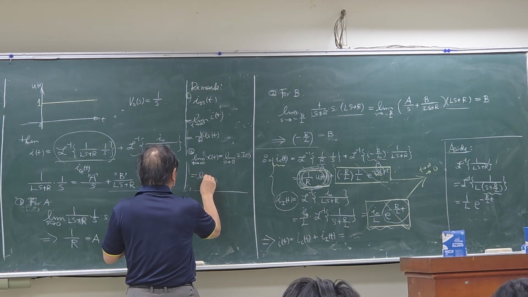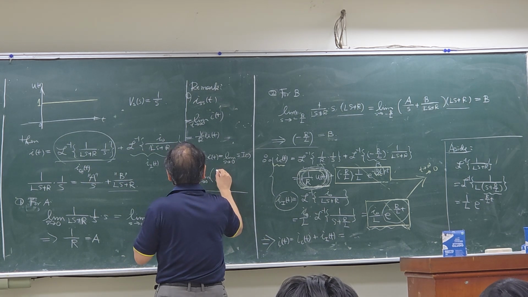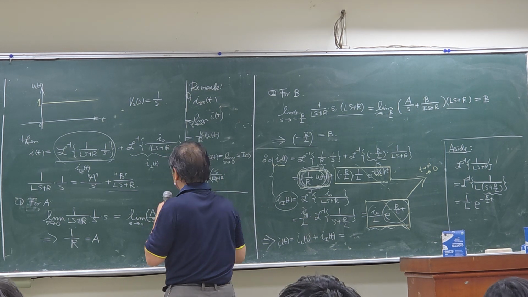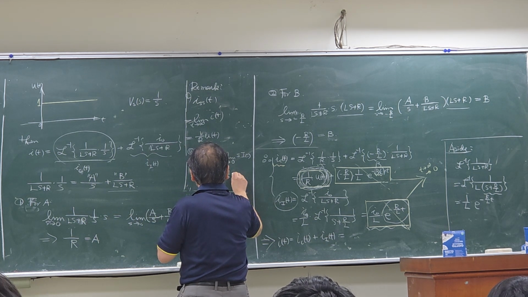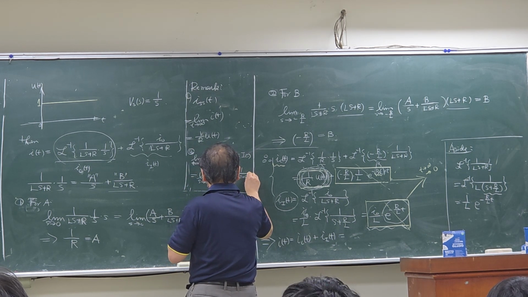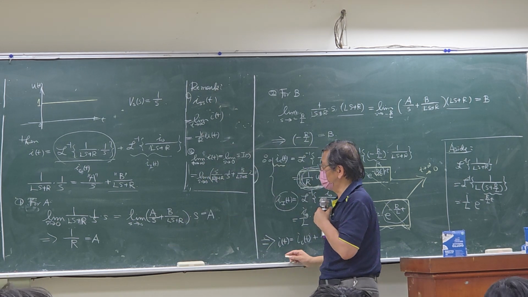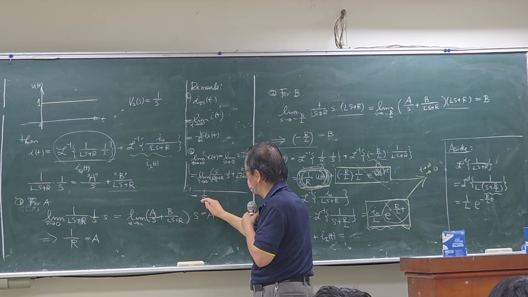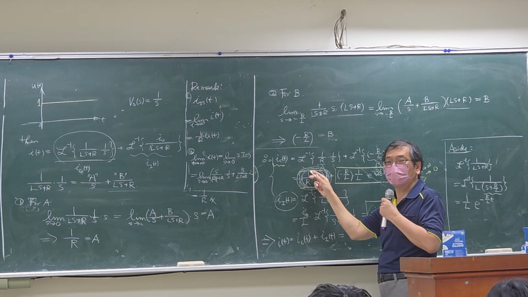That is the limit as s approaches 0 of s over s plus 1 times, in this case, 1 over s, and then times s. So this term disappears, only this term survives. That's 1 over s. So this is the steady state value, the terminal value, 1 over r.